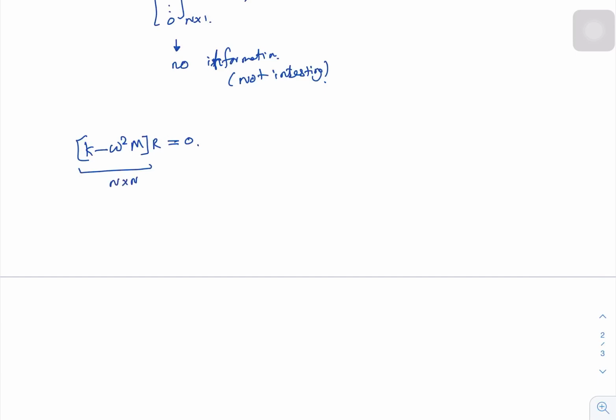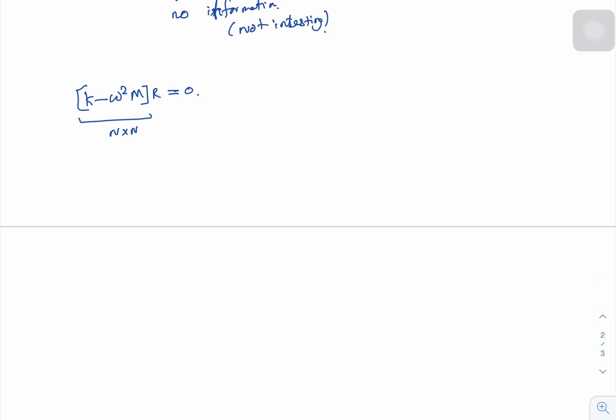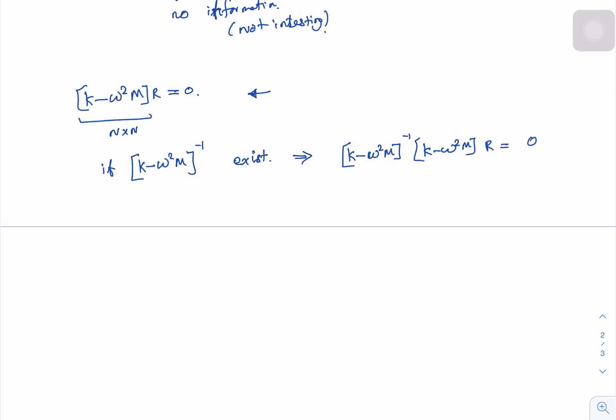If this matrix, K minus omega square M, has an inverse, not all matrices have inverses, then I can pre-multiply this equation with its inverse. Pre-multiplying the right-hand side, I will get 0 only.